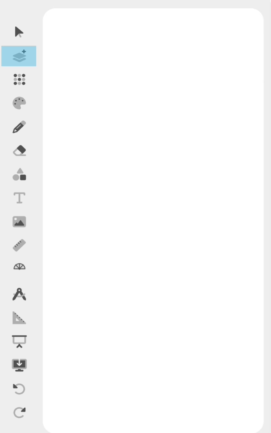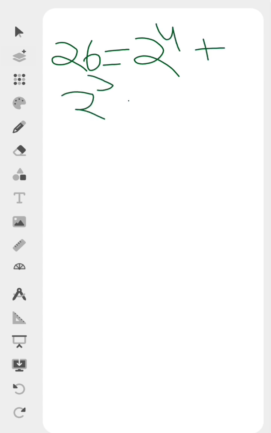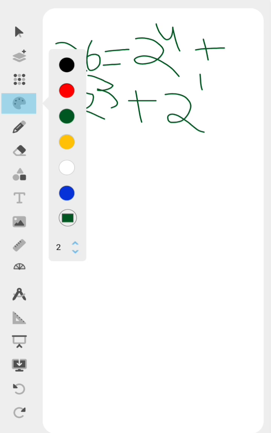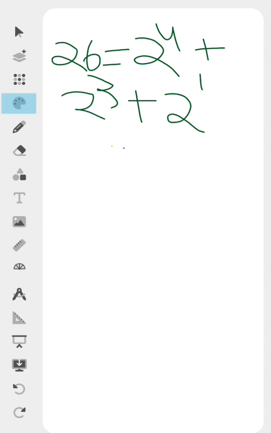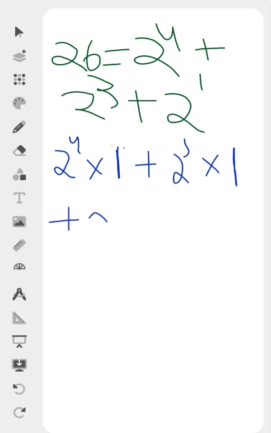So if I have to expand this, I can expand it like 2 to the power 4 into 1 plus 2 to the power 3 into 1, plus 2 to the power 2 is not present in this expansion.